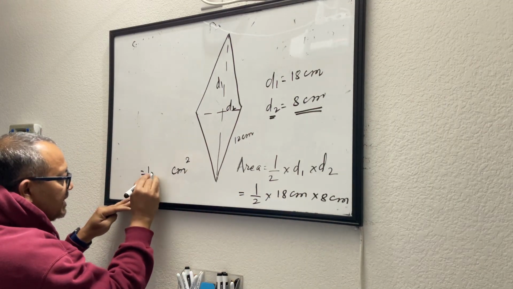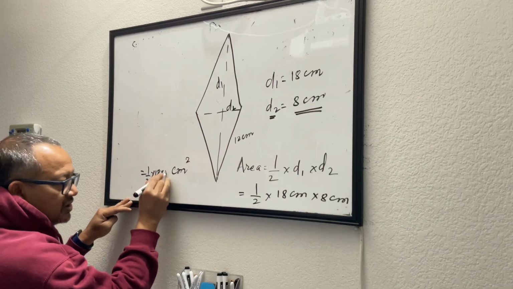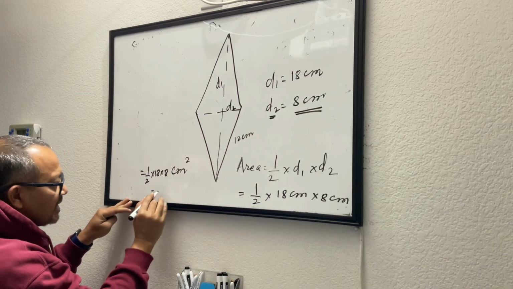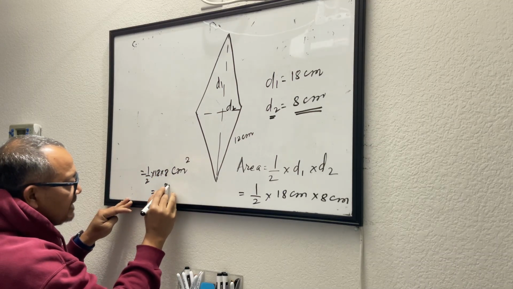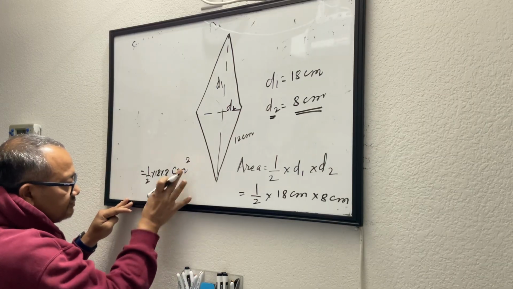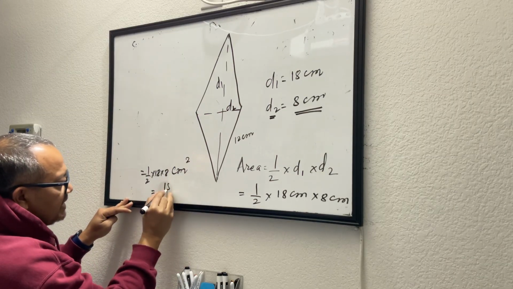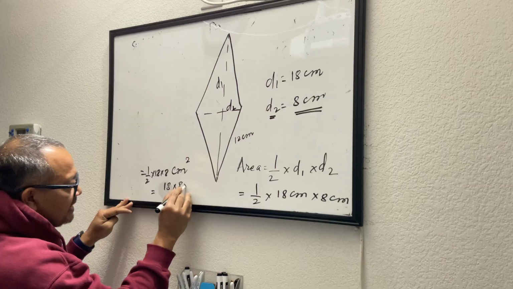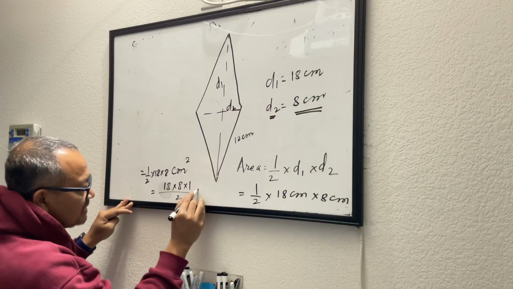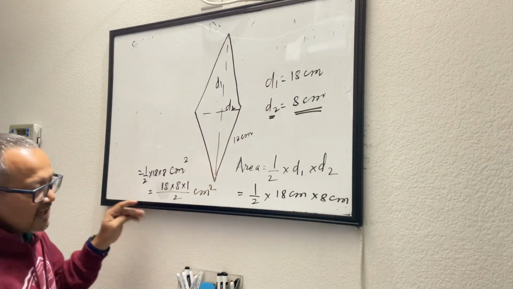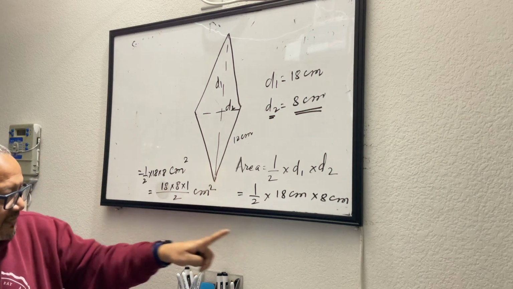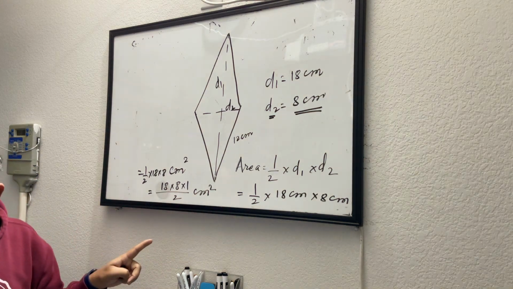Let's put the numbers together. Half into 18 into 8. So this becomes 18 into 8 into 1 by 2 centimeter square. See, my story goes step by step. I'm not jumping any step anywhere.